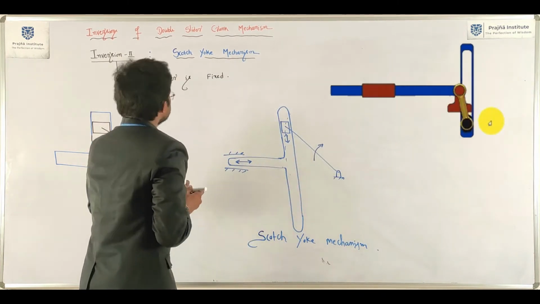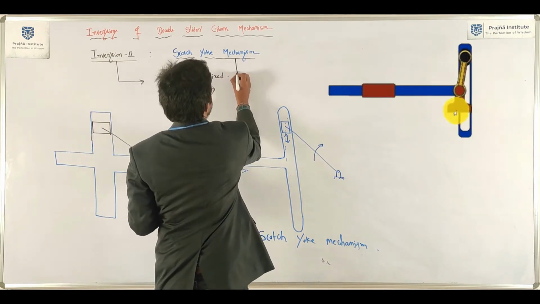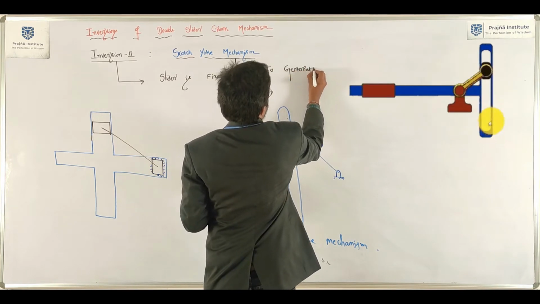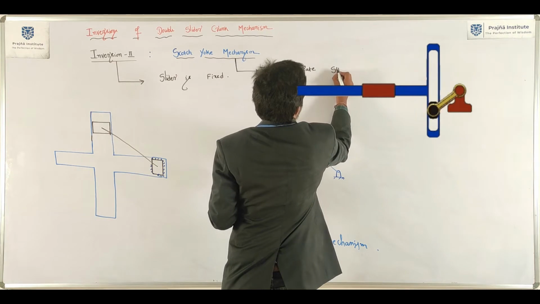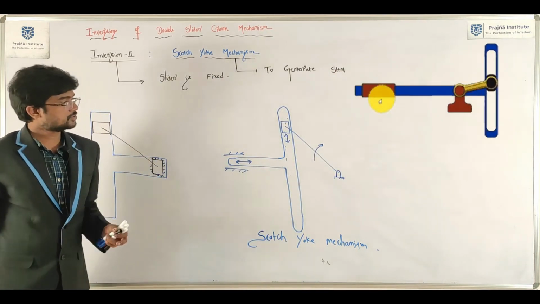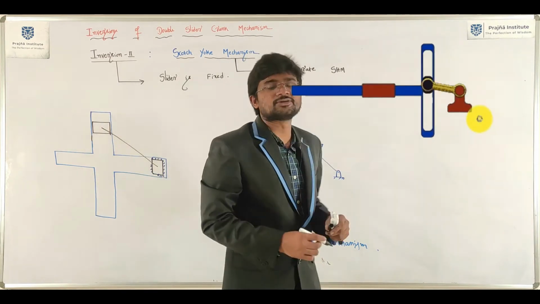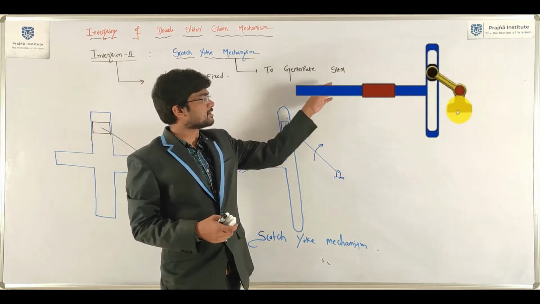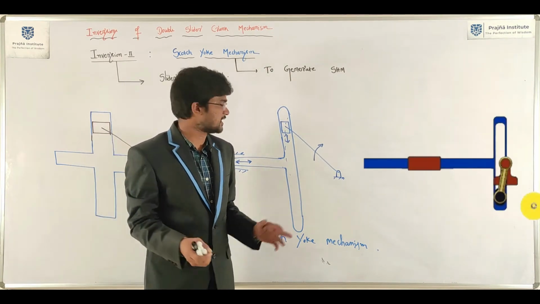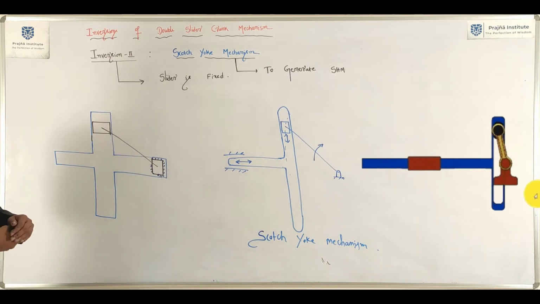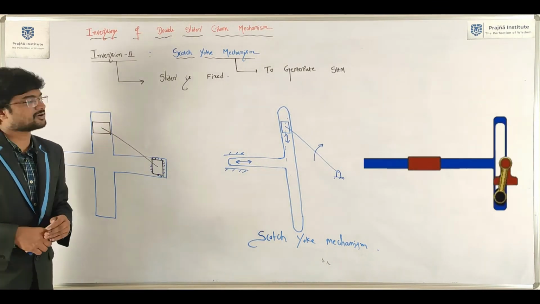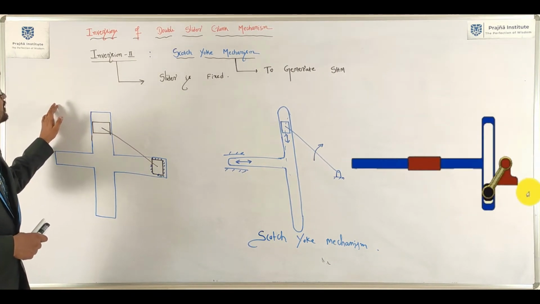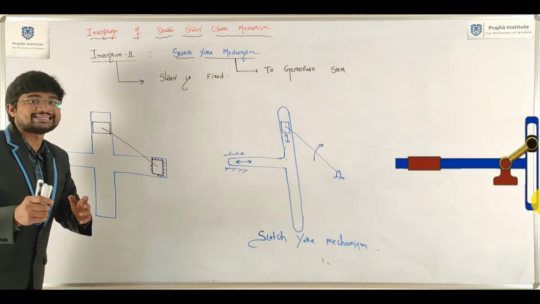It is a very popularly asked question in the engineering service examination in matching type. To generate simple harmonic motion, the answer given on the right side will be Scotch yoke mechanism. It is a very popular thing in the engineering service examination. So it is the second inversion of the double slider crank mechanism.